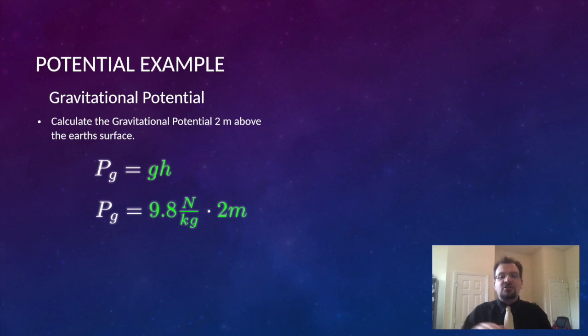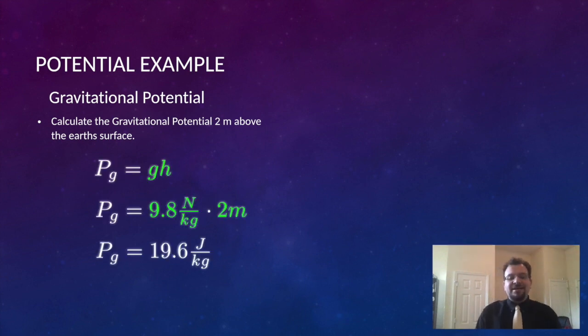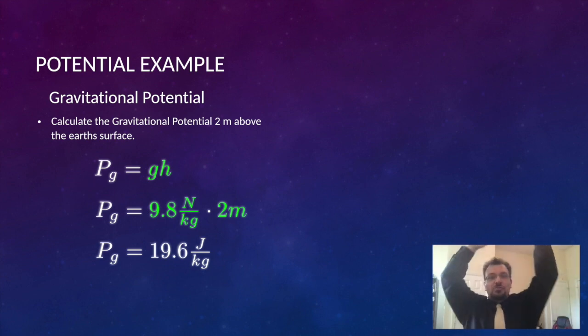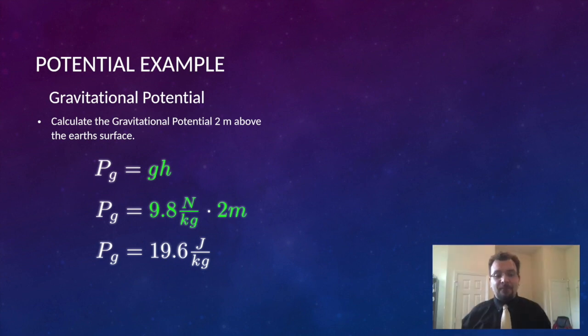And this is going to give us a gravitational potential for that point that's 2 meters above the Earth's surface as 19.6 joules per kilogram. So if you wanted to figure out how much potential energy you'd have in joules, you would multiply the mass of anything sitting at this point 2 meters above the Earth by 19.6.